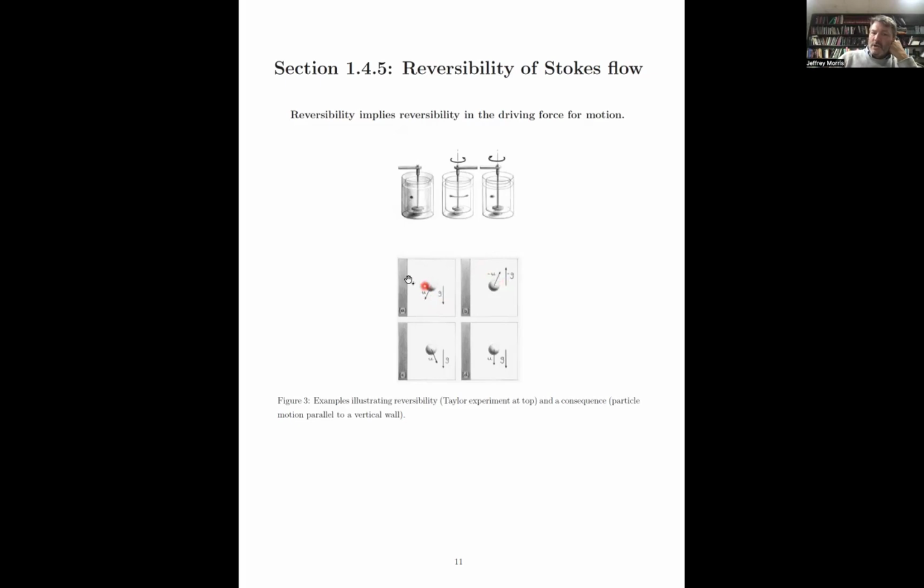What you can show is that if it went toward the wall under gravity this way, if I turned that force around, it should go the other direction, away from the wall, right? And that's really quite absurd, because that's just a change of reference frame, saying that I would get the opposite physics for reversing this force. So you can go through arguments that are a little bit more complicated, and that's actually in the little book that we wrote. But it shows that the only possibility is that the particle does not change its distance from the wall.